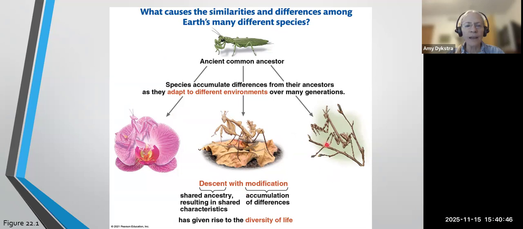And so we say that descent with modification has led to both the unity and the diversity of life, both similarities in all of these mantises, but also differences amongst them. So both the unity and diversity can be explained by the idea of descent with modification.